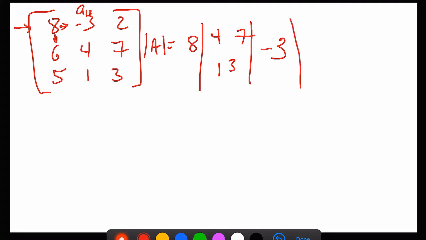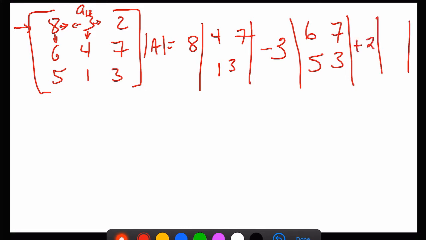Get rid of the row, get rid of the column, take the numbers that are left, build a little matrix, and then add to that 2. Take the 2, get rid of the row, get rid of the column, and I have 6, 5, 4, 1.